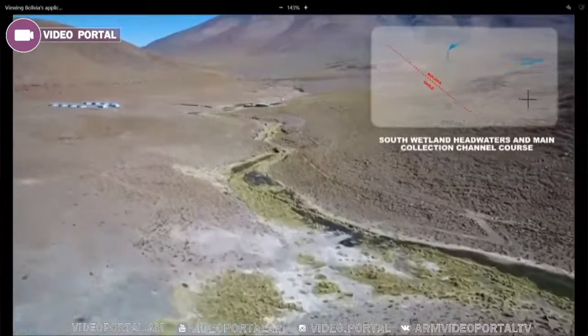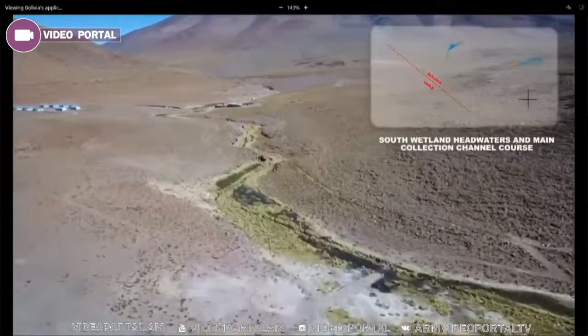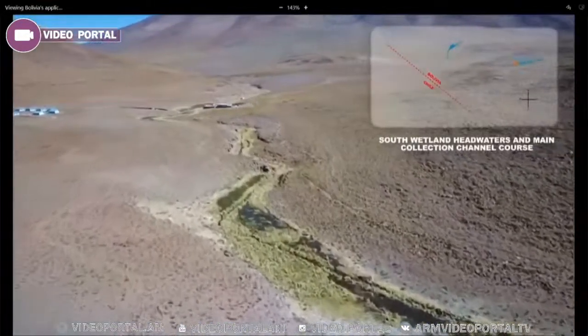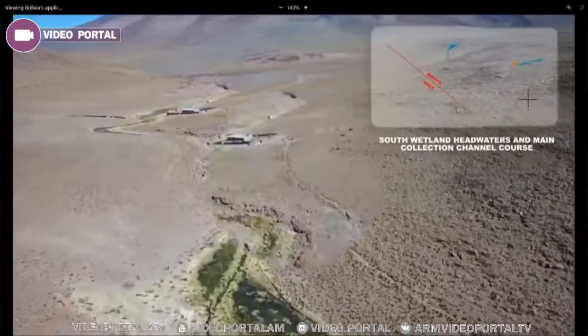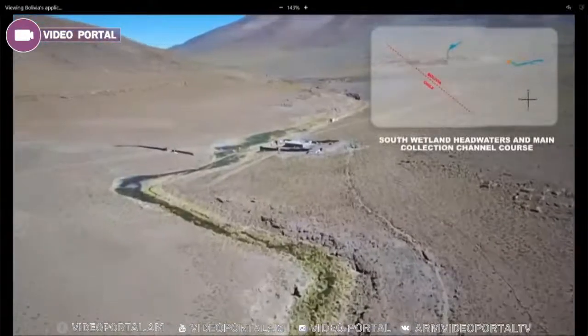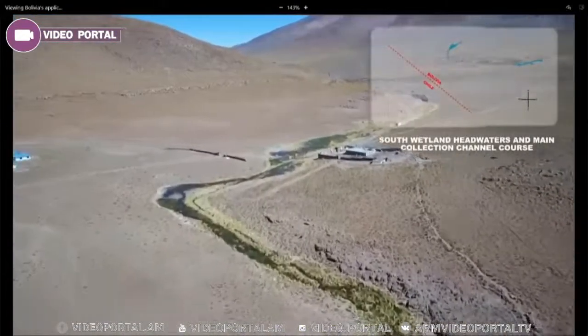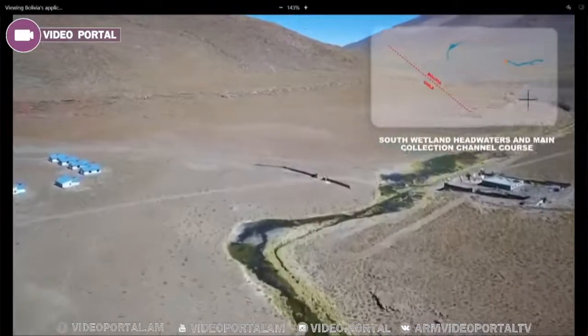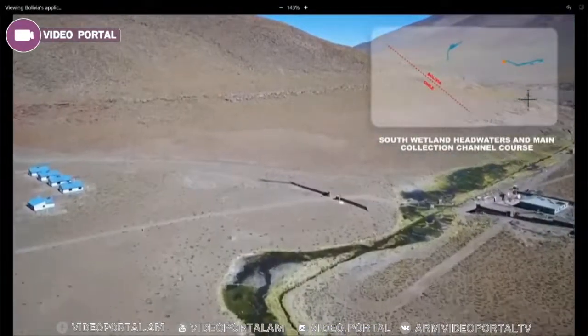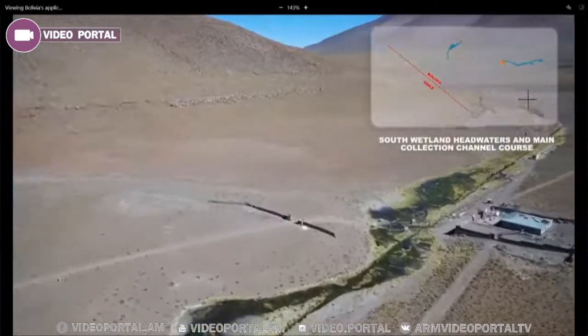It's set far back from the Salalah waters on the far left side of the screen. And as we get to the midsection of the ravine, you can see the military post, which houses a small group of Bolivian soldiers, and nearby are additional dark patches where the Salalah waters have escaped the channel.